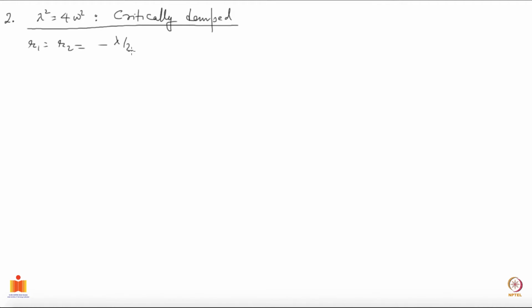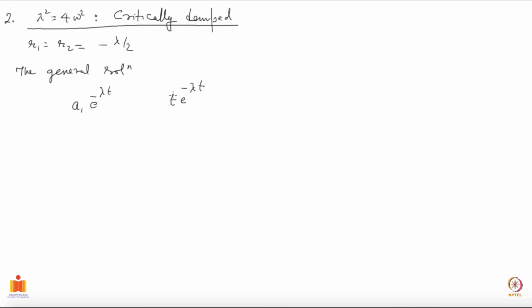So let's find the solution corresponding to r1. The general solution will be a linear sum of solutions corresponding to r1 and r2, and corresponding to r1 you get e to the minus lambda t with some constant a1. Because the roots r1 and r2 are degenerate, they are repeated, you know that the second solution will be t times e to the minus lambda t.